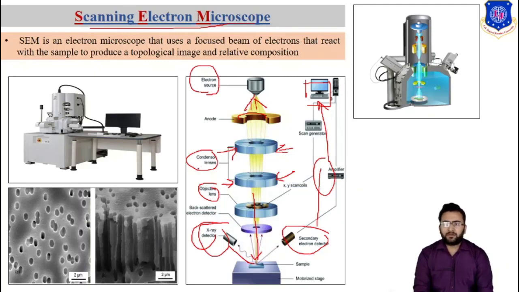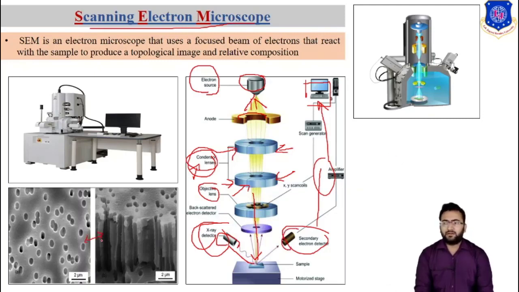The main purpose of the condenser lenses and various lenses is to magnify the image. Basically, an electron source provides electrons which pass through the anode and the condenser lens system, then the objective lens, and then reach the surface of the sample and are rejected. So we get scattered electrons, which generate the image, and unscattered electrons, which generate the black image.